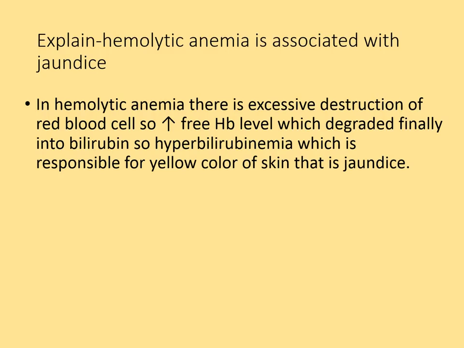In hemolytic anemia, there is excessive destruction of red blood cells, so free hemoglobin level in blood increases, that is hemoglobinemia, which is degraded finally into bilirubin, so hyperbilirubinemia, which is responsible for yellowish discoloration of skin, and that is known as jaundice. So hemolytic anemia is associated with jaundice.